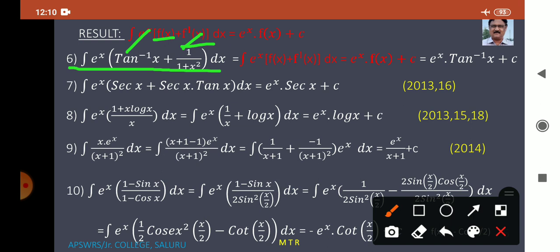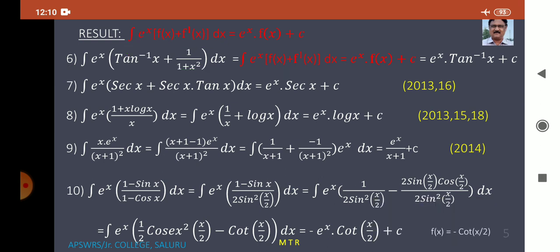So this is of the form e power x into f of x plus f dash of x dx. So that is e power x into f of x, which is e power x into tan inverse x plus c.